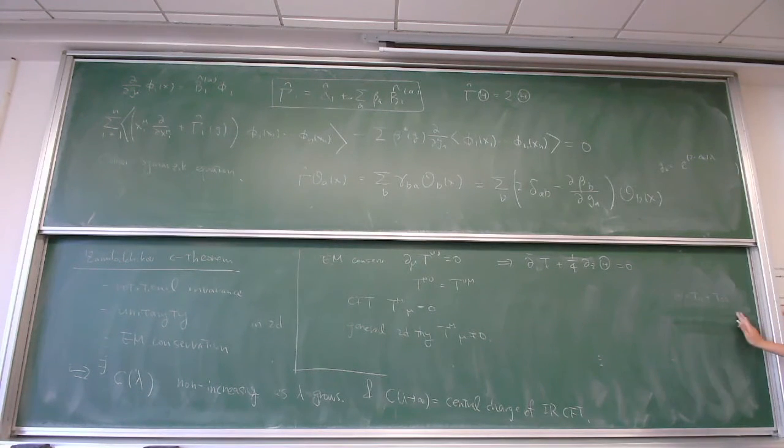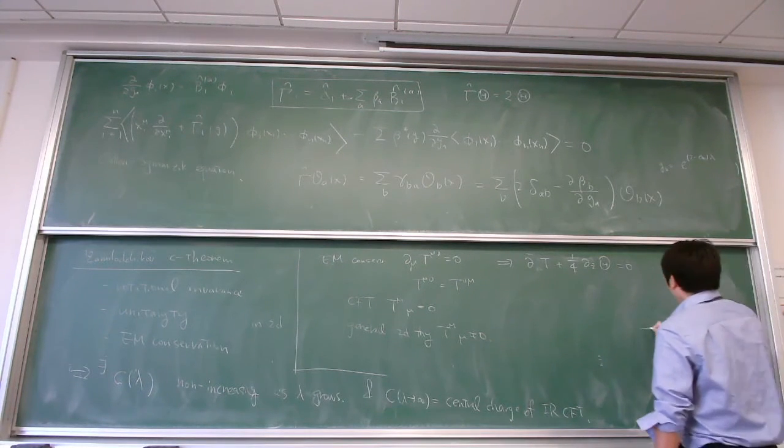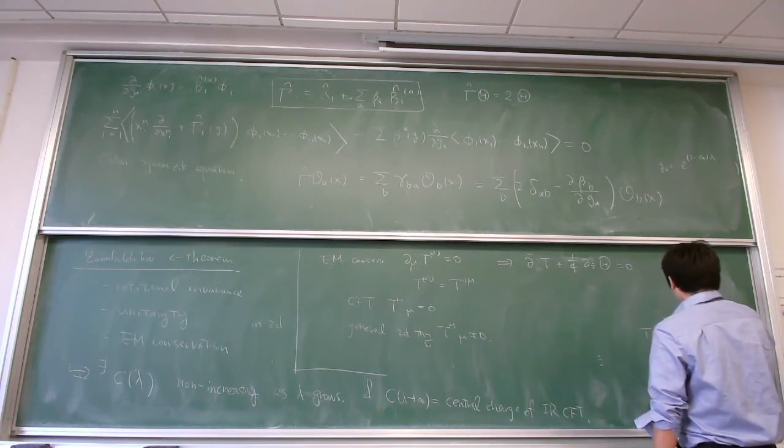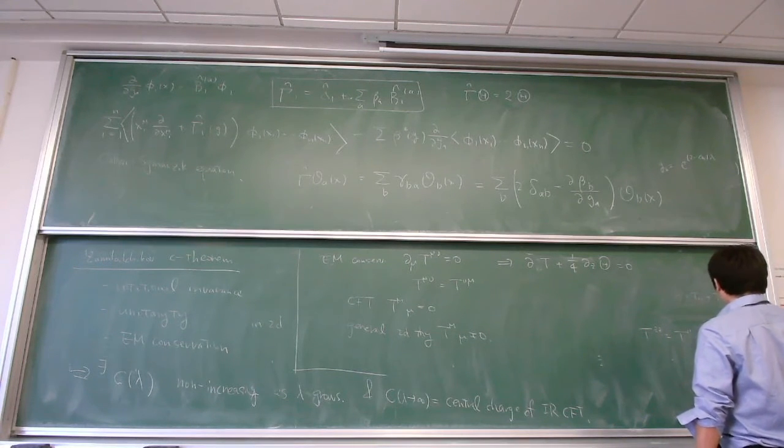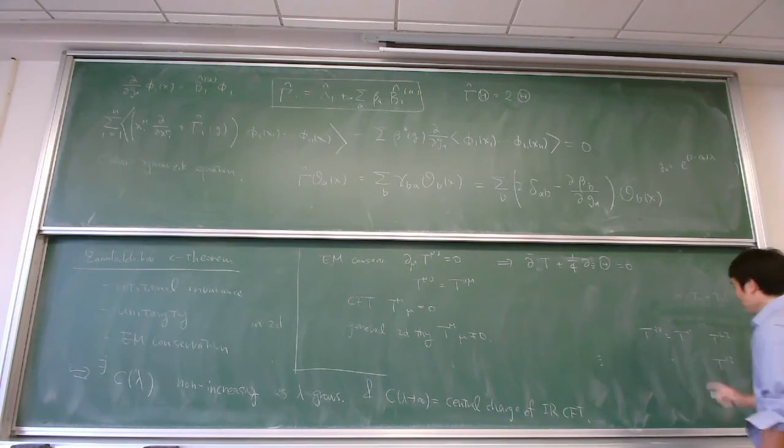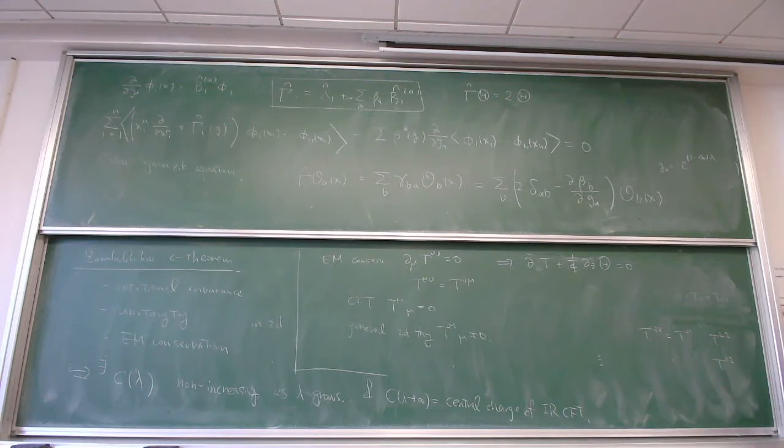I already forgot. Essentially TZZ, which is a linear combination of T11, T22, and T12, up to some plus or minus.